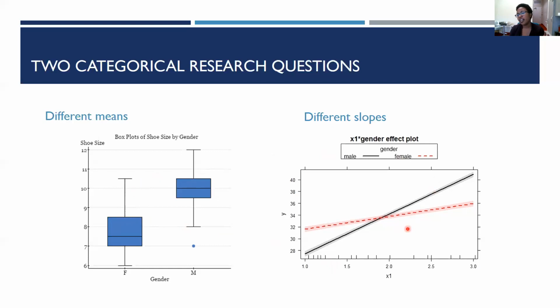So instead of saying, is there a difference in shoe size by gender, we could say, is there a difference in the relationship between height and shoe size for different genders? So what we might say then is that we know that the taller you are in general, the larger your shoe size is, but the men's shoe size increases at a larger rate than, say, women. They're kind of more compact in how much their shoe size changes. That's the kind of question that moderation can answer.